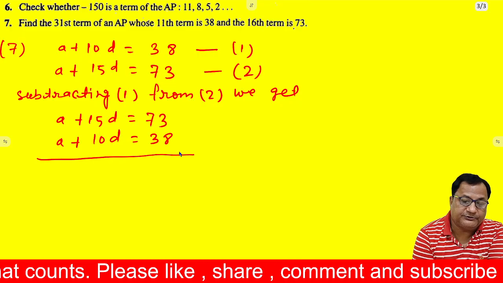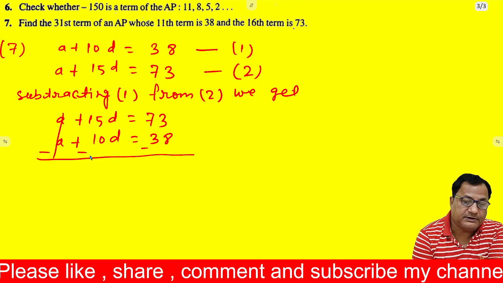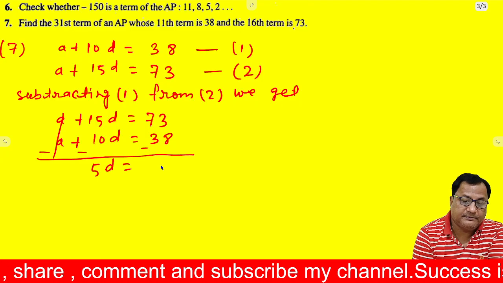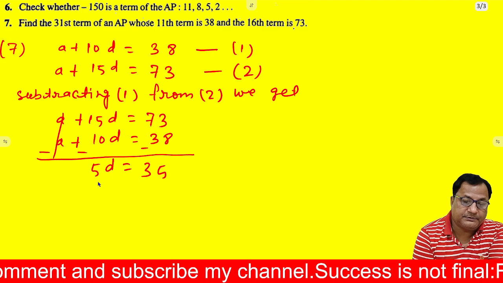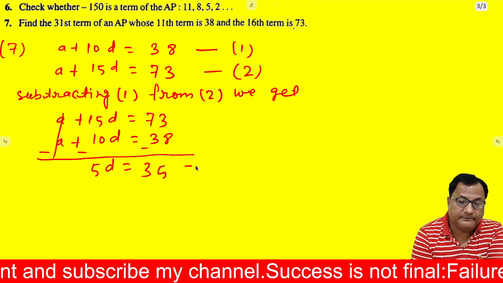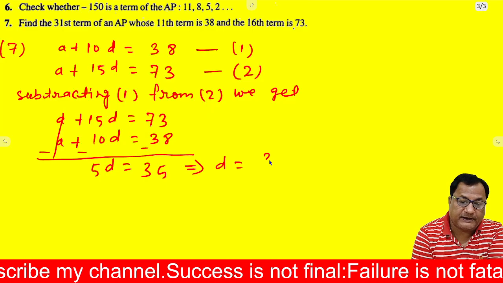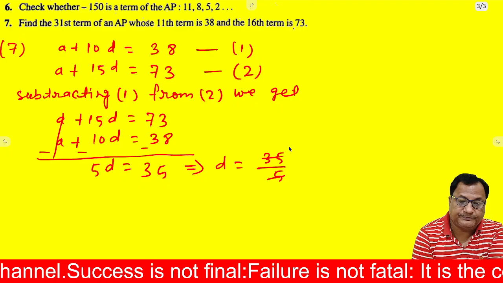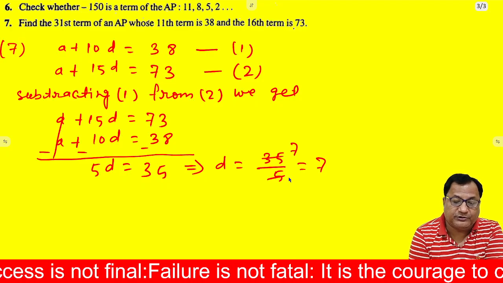We'll subtract this, minus, this will cut, this will be 5d. d is equal to then 35 by 5, 7. d is equal to 7 here.